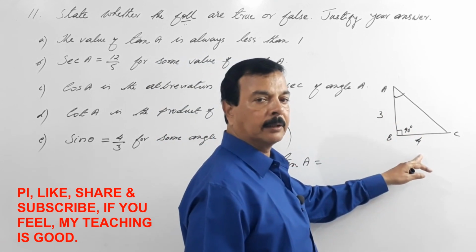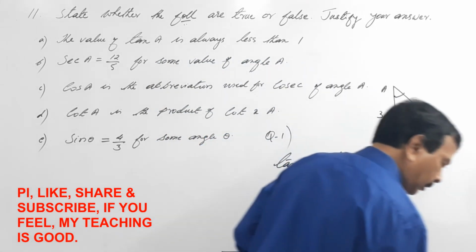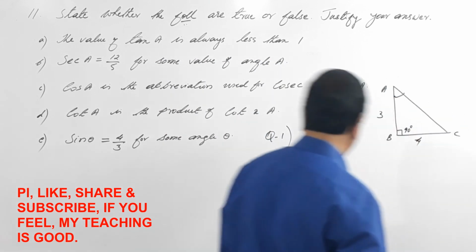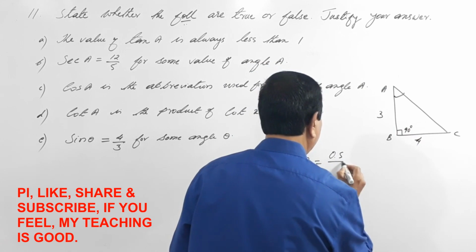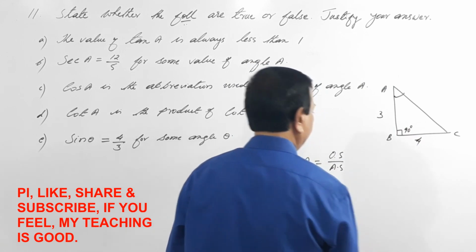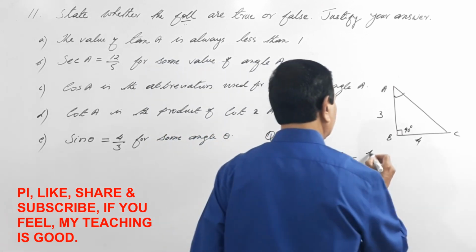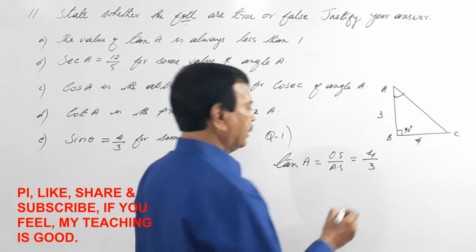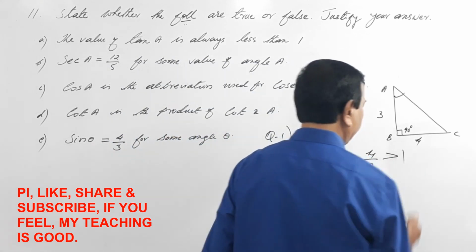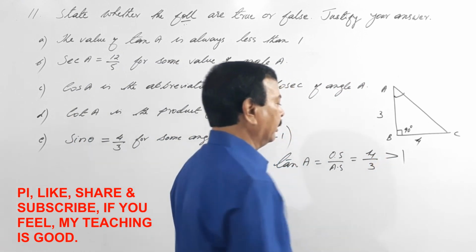Opposite side by adjacent side, which is 4 by 3, which is greater than 1, isn't it? It is greater than 1.